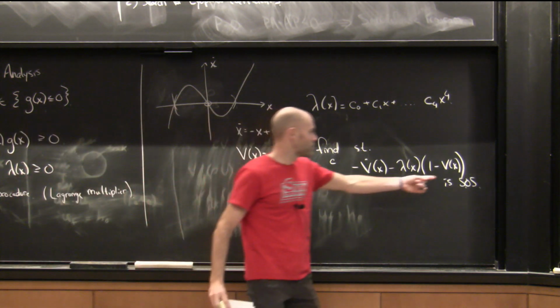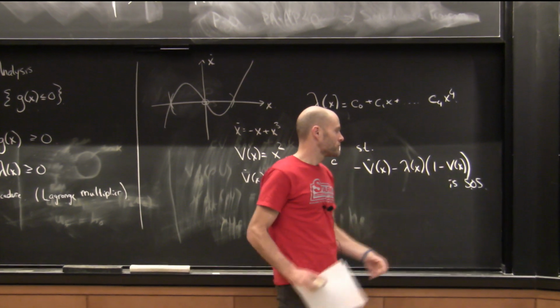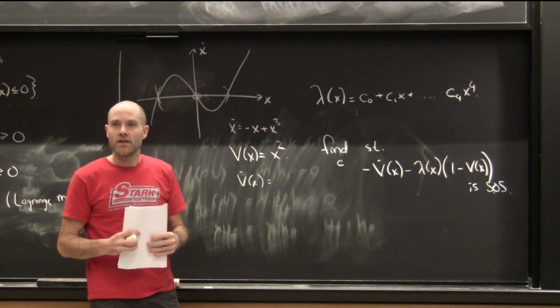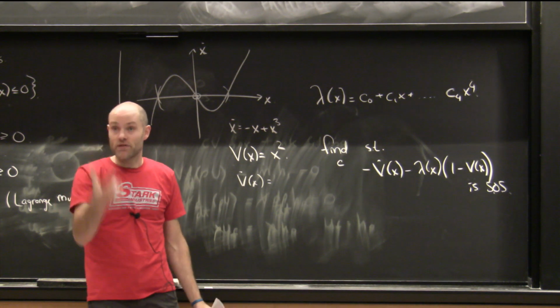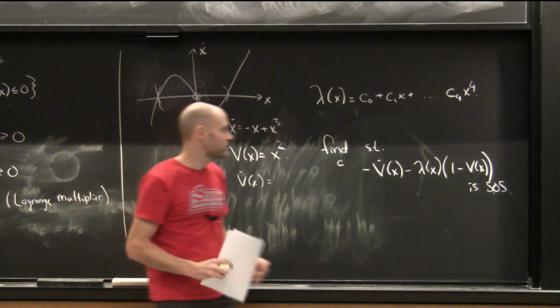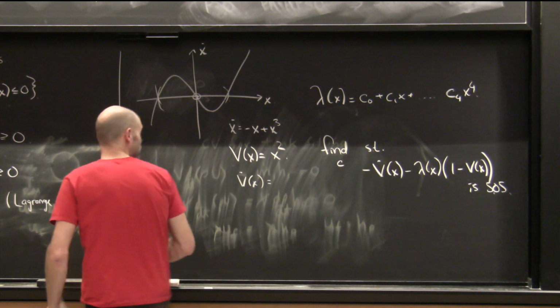Why did I do this? V was x squared. So actually, the region I care about is the place where x squared is less than 1. So that was a perfectly good description of g in this case.